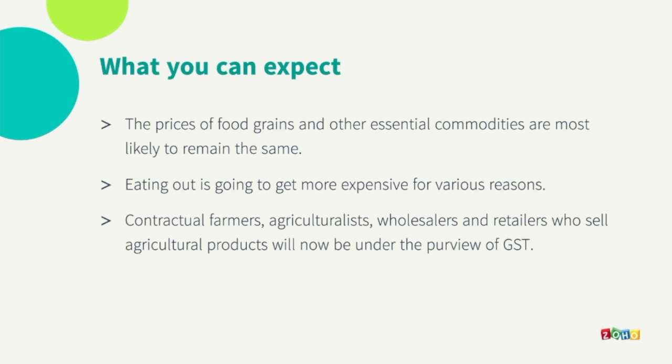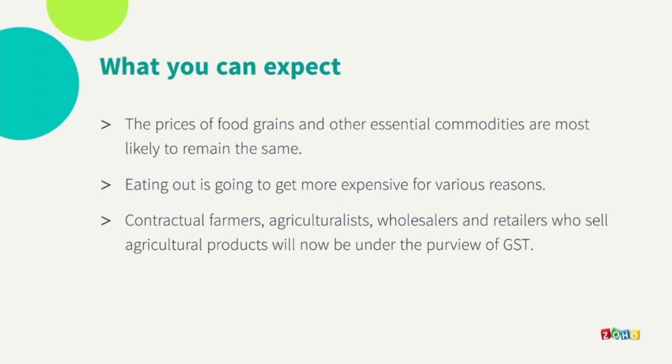The second reason for eating out to be more expensive is going to be the part on services. Right now, within the current indirect tax system, you would most likely see a service tax of 15% on 40% of your bill on any order that you make from restaurants. But under the GST, this rate is going to increase from 15% to 18% on services.